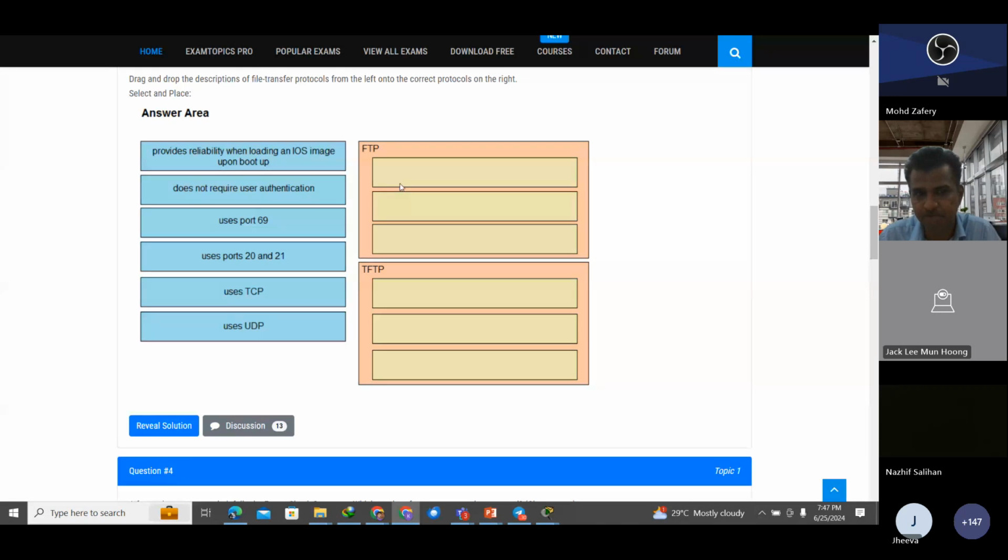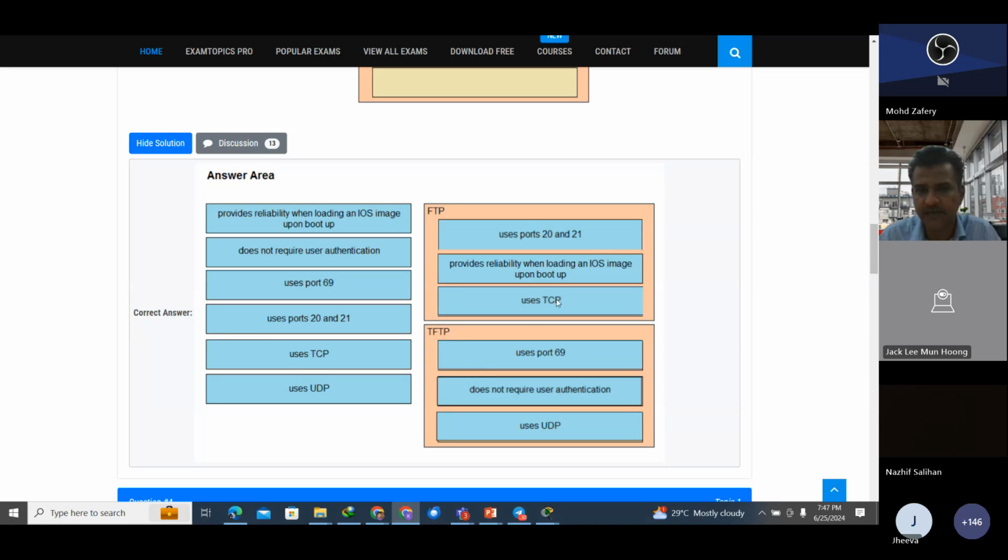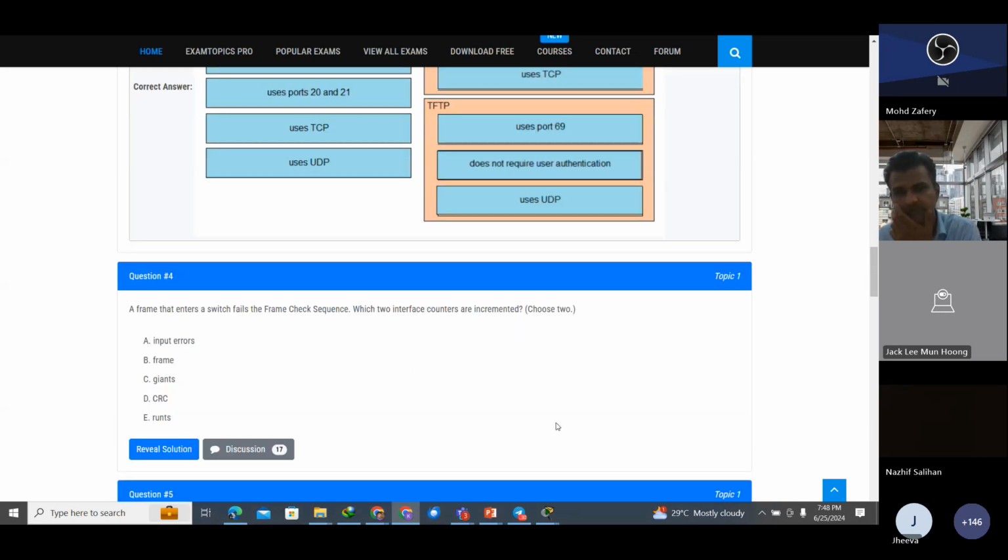TCP, FTP. Reveal, and you can also see the answers. FTP uses TCP, provides reliability. TFTP uses port 69, doesn't require authentication, uses UDP.